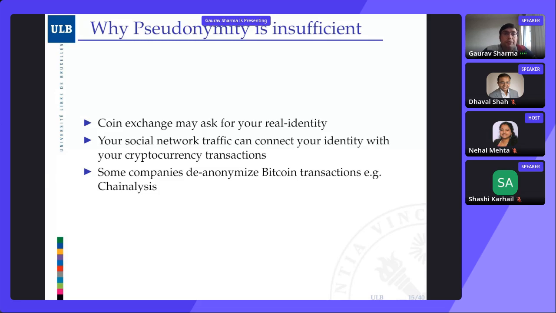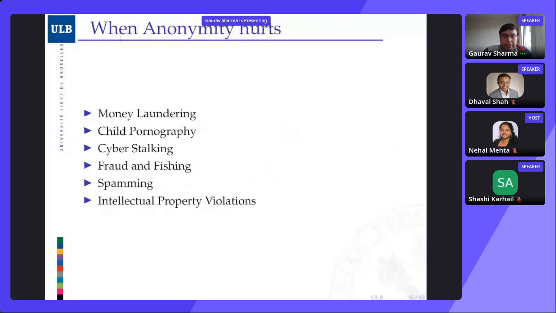There are companies doing this as a business, de-anonymizing Bitcoin transactions, and one such company is Chainalysis, and there are many more. So it's not very easy to hide your real identity when you are making transactions with cryptocurrencies. And if finally you have anonymity, there are some problems with full anonymity as well.